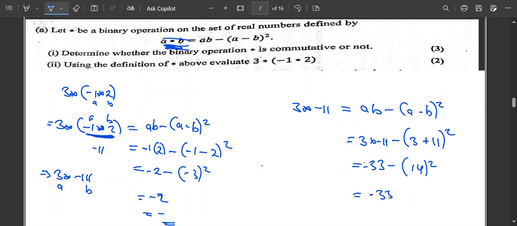So we have negative 33 there. 14 squared, you can just do this. Then you put 14 squared there.